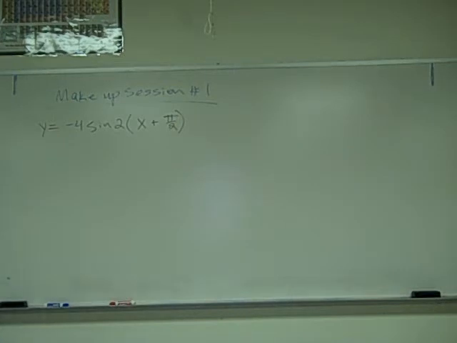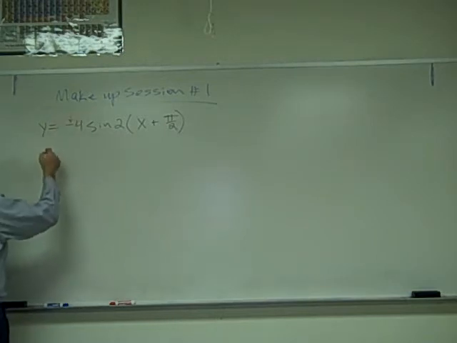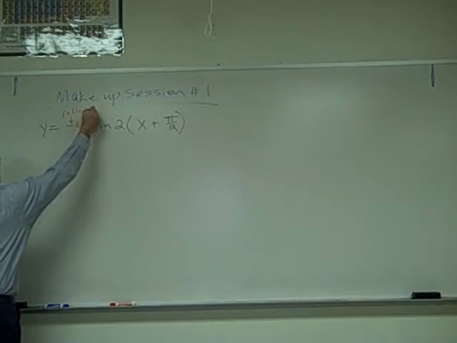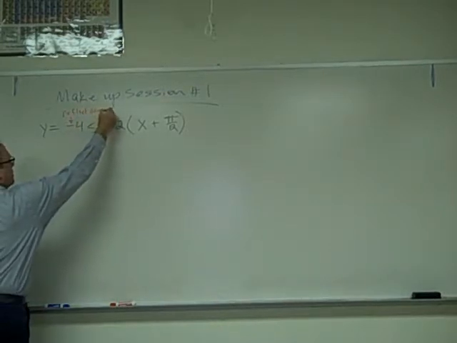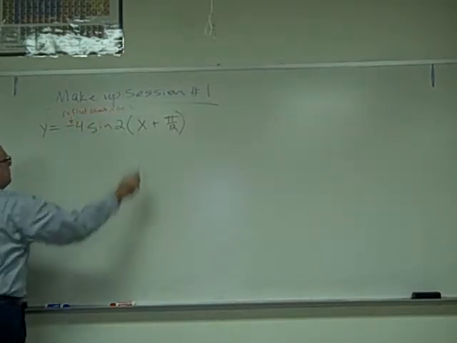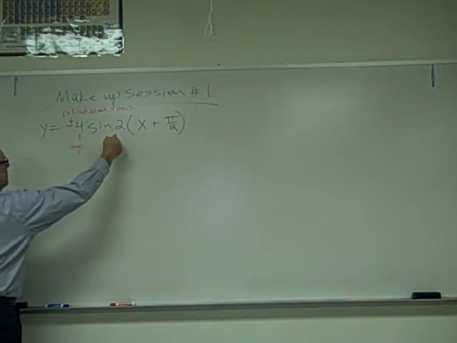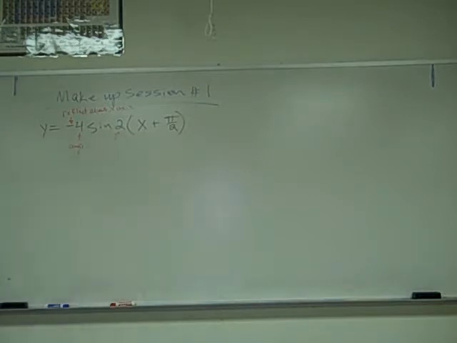And so with that, we know that the negative tells us we're going to reflect about the x-axis. And the 4, that's our amplitude. The 2, what is that going to be? Our k, right.